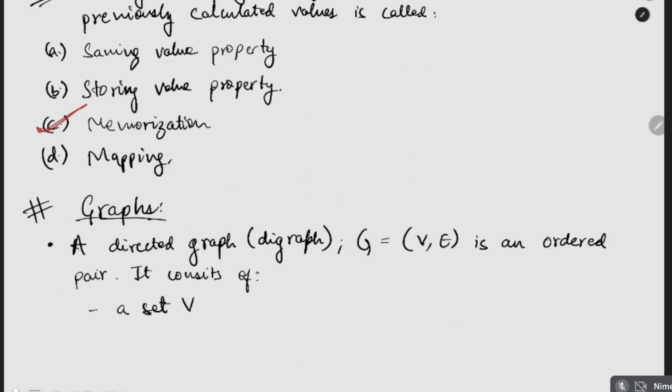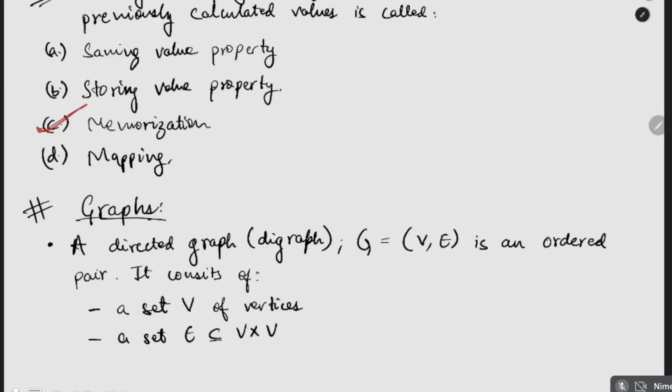V is again a set of vertices. So a graph has multiple vertices, or a set of vertices, and set E, that is a subset of all the vertices being related together.